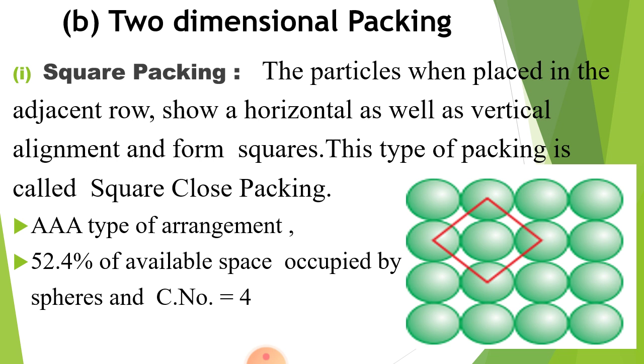Here the arrangement of packing is AA type, because the second row is placed in contact with the first one such that the spheres of the second row are exactly above those of the first. This repeats again and again. That's why this type of packing is known as AA type arrangement.